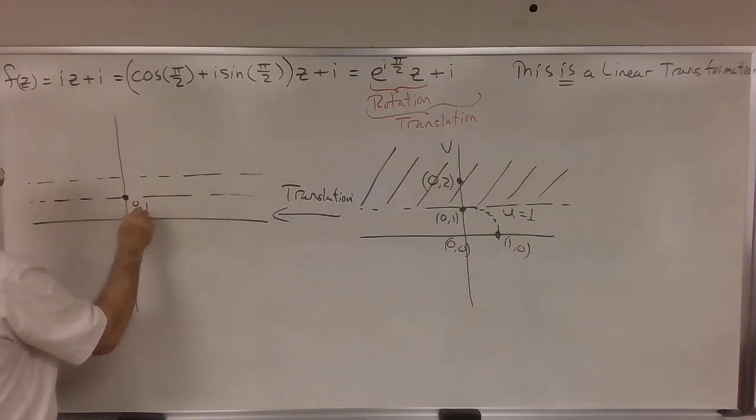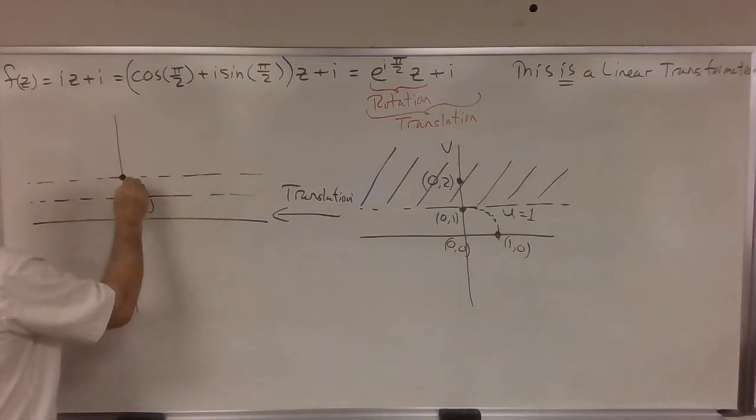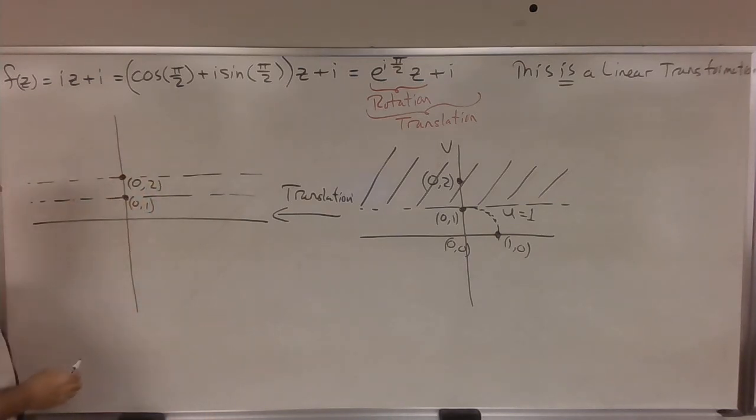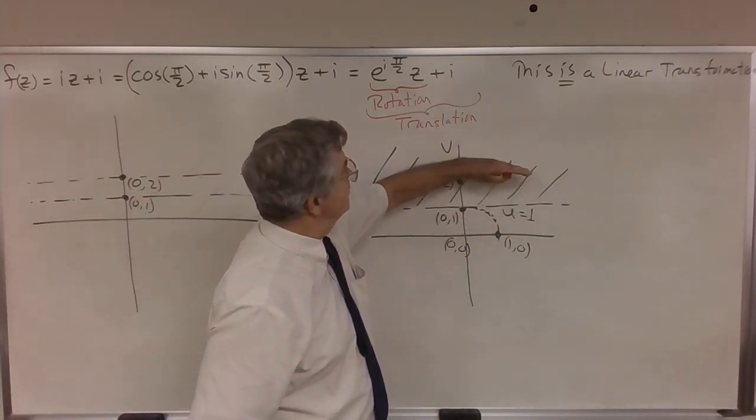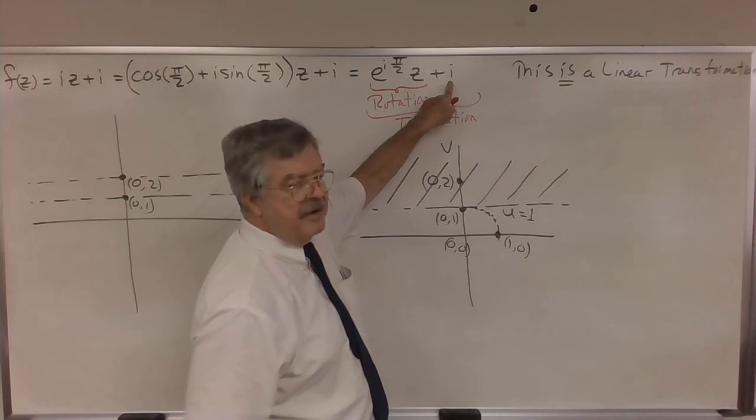This is 0, 1. This is 0, 2. This whole region just got shifted up by the translation i.